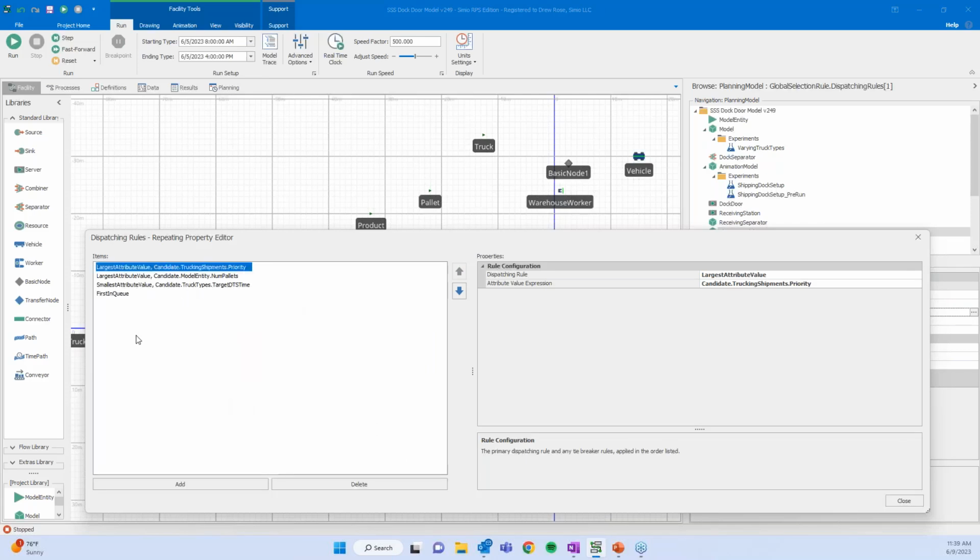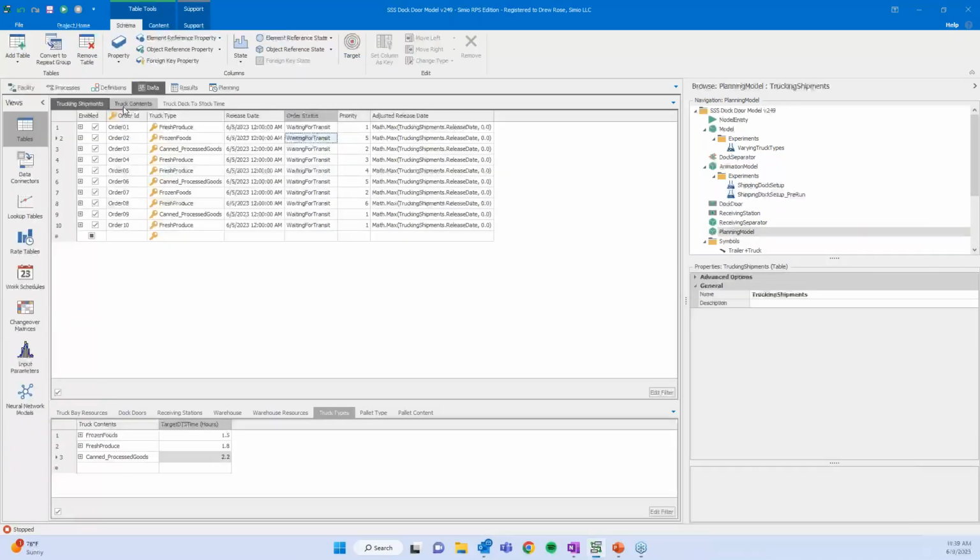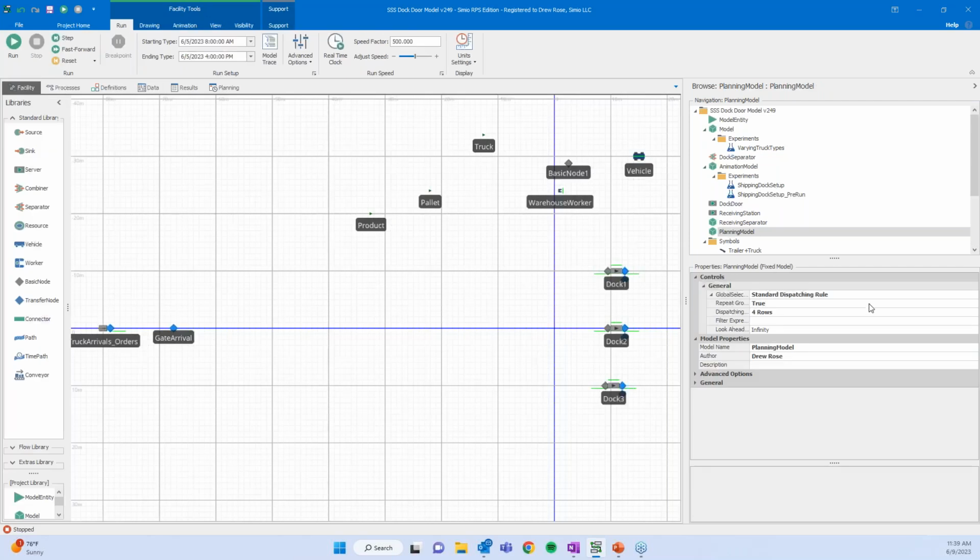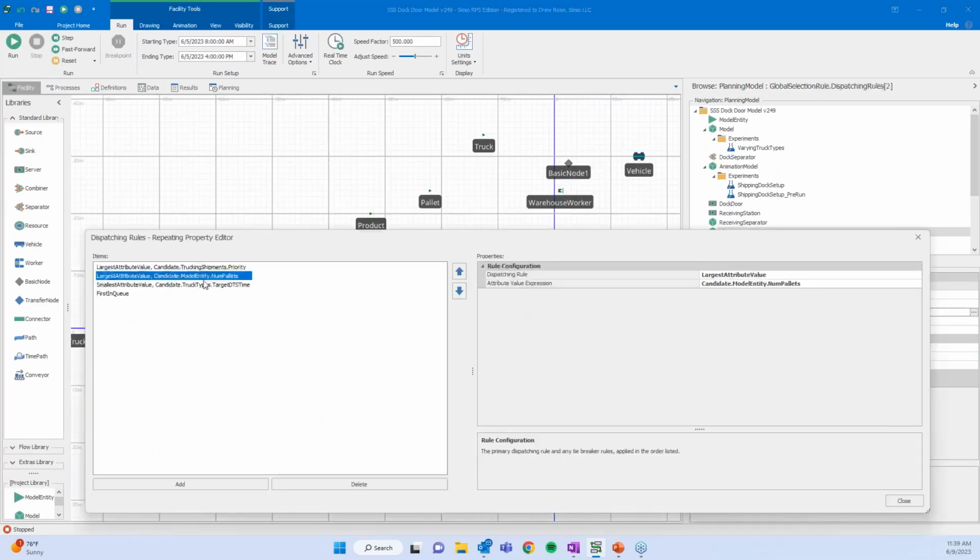Let's say we set up some rules based on the attributes of our data. Maybe we want to schedule against priority. Each truck shipment, based on the customer and the detail, has a given priority based on what's on that truck. That could be one criterion for scheduling. Other criteria could be the number of pallets, where the trucks with the most pallets get scheduled first.